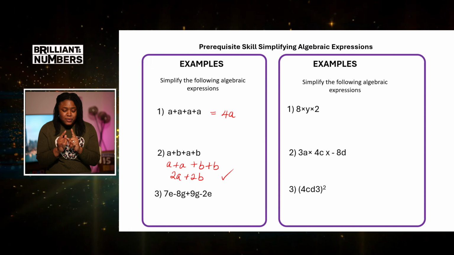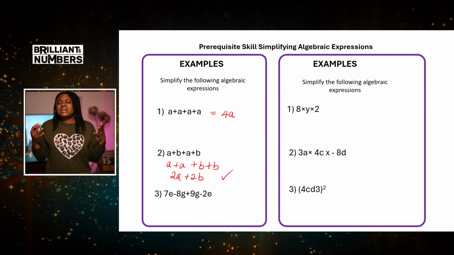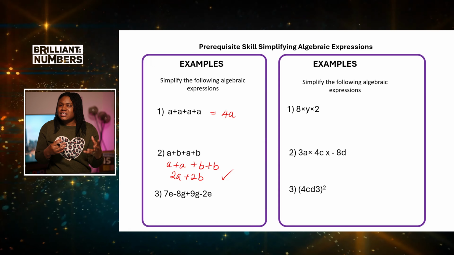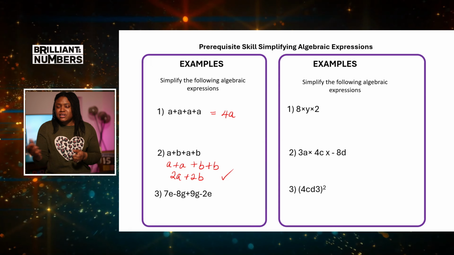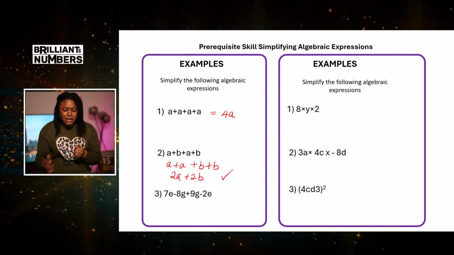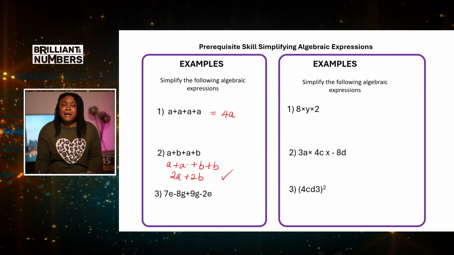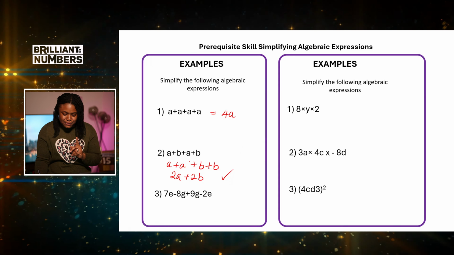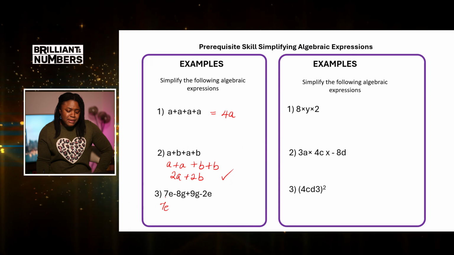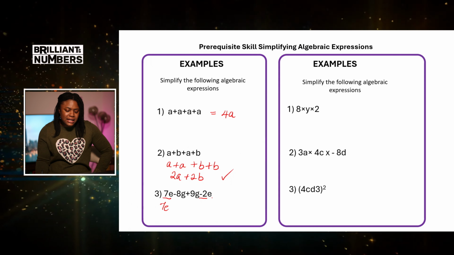Pay attention now, because here we've got some negative numbers involved. And in previous videos, I've talked about the ability to use real-life context such as borrowing and paying to simplify the concept of addition and subtraction of negative numbers. So again, like I've done previously in question 2, I'm going to put my like terms together. So I've got 7e. Very important to note here that this is not just 2e but minus 2e.